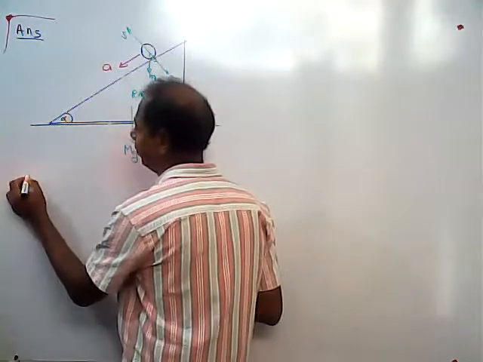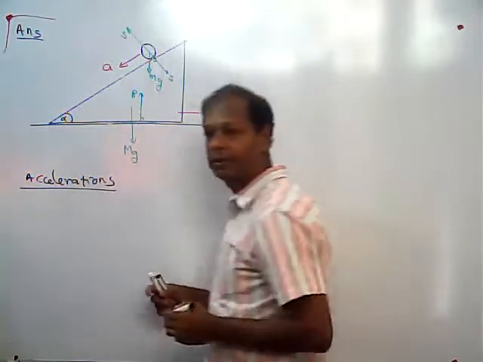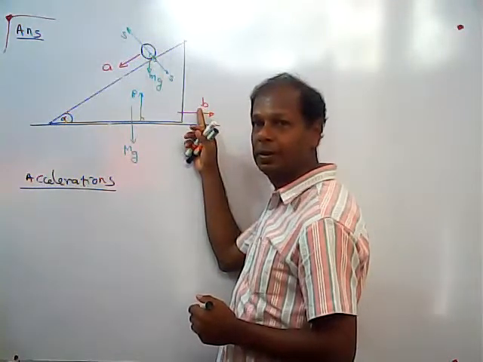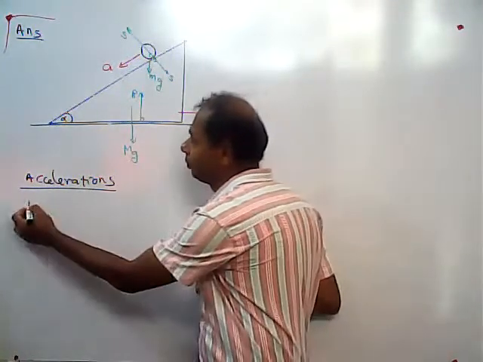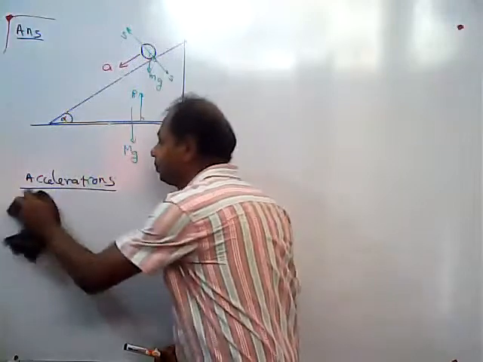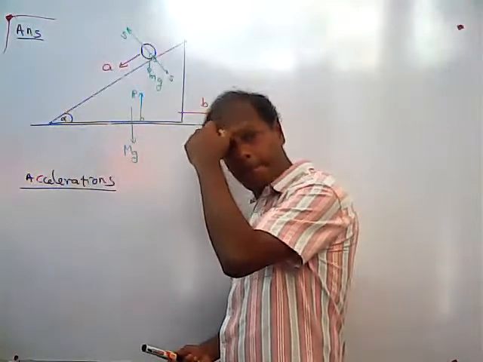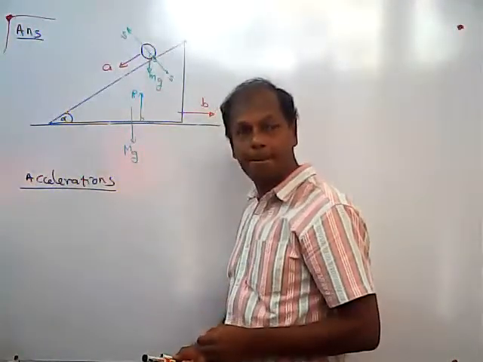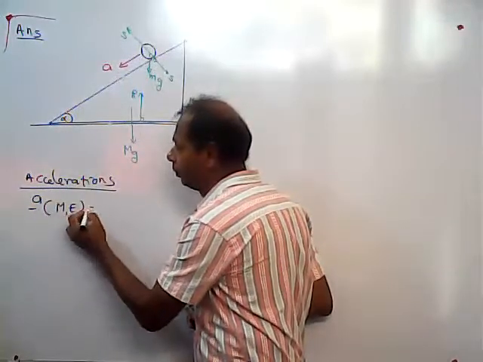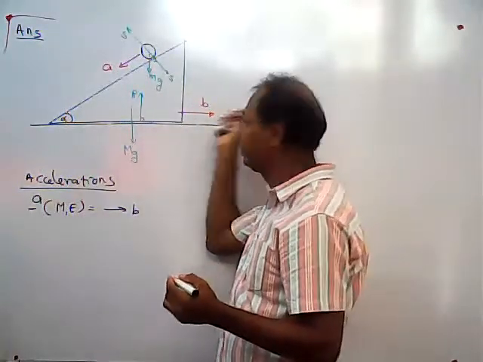Accelerations. This is the acceleration of the wedge relative to Earth's frame. Acceleration of the wedge relative to the Earth frame is b in this direction.